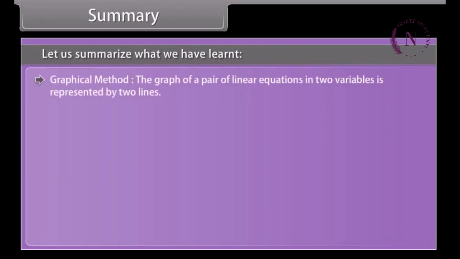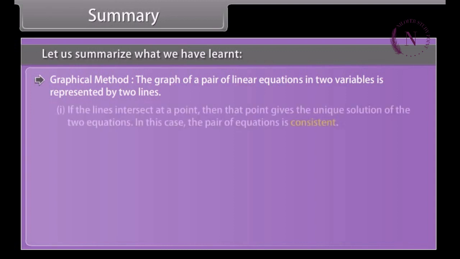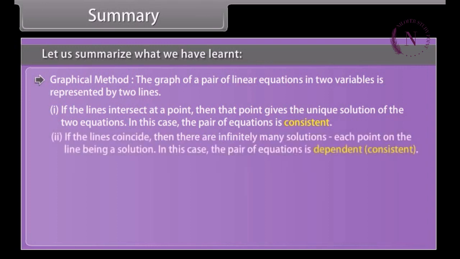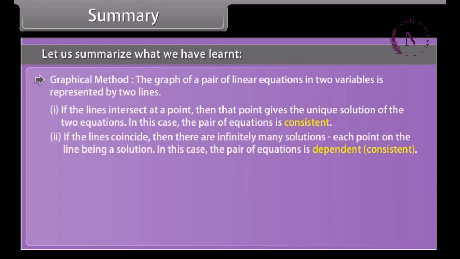The graph of a pair of linear equations in two variables is represented by two lines. 1. If the lines intersect at a point, then that point gives the unique solution of the two equations. In this case, the pair of equations is consistent. 2. If the lines coincide, then there are infinitely many solutions, each point on the line being a solution.